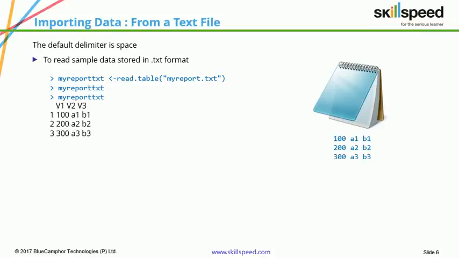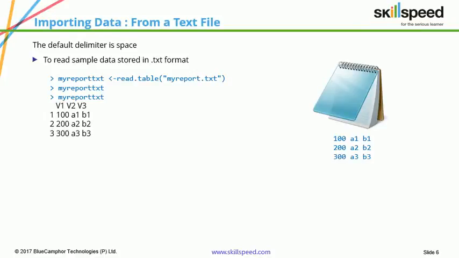Let's have a look at this file now. So we have myreport.txt file. This particular file had no separator, no column names or no headers. So by default, R has defined column names as V1, V2, V3.